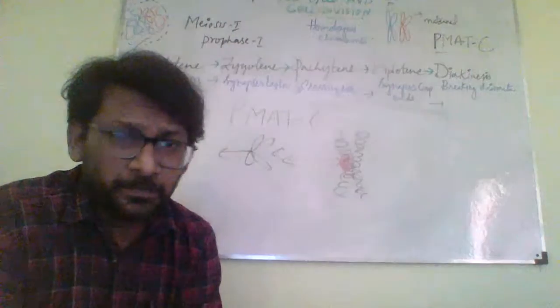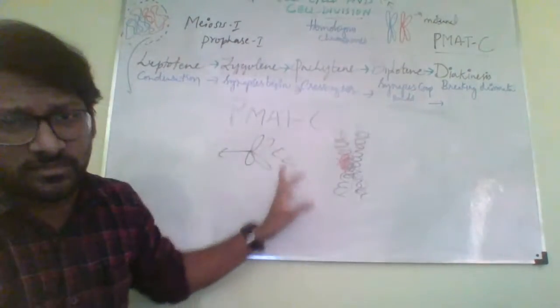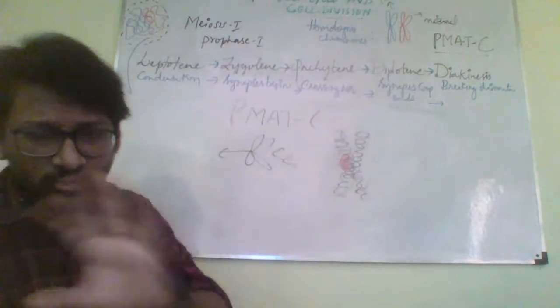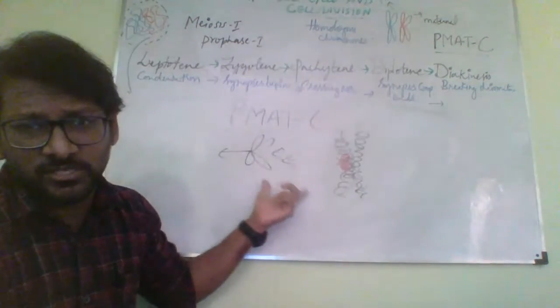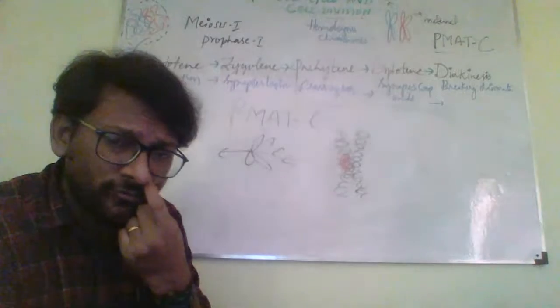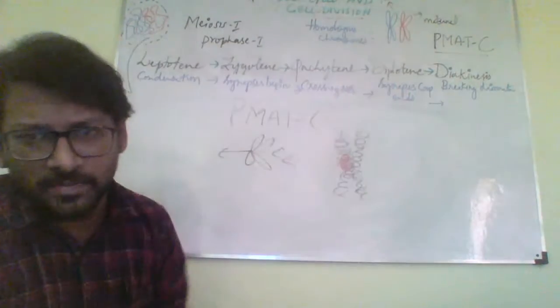Is that clear? So in mitosis, anaphase is more important, because during anaphase the different shapes of the chromosome are formed as they are pulled towards the poles. So that is about mitosis.